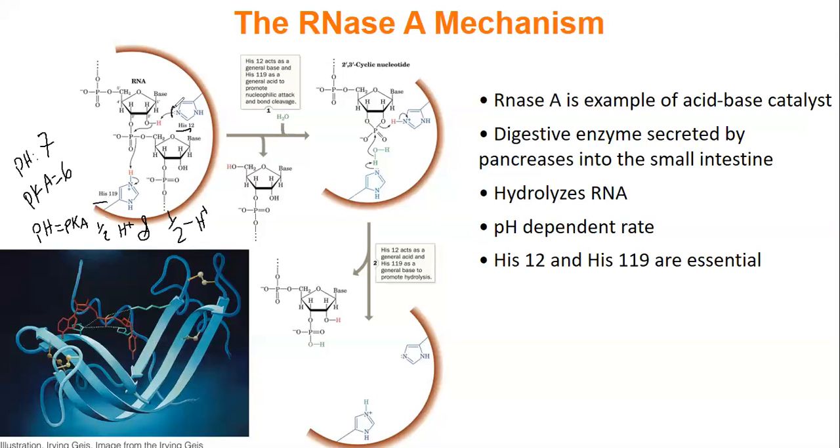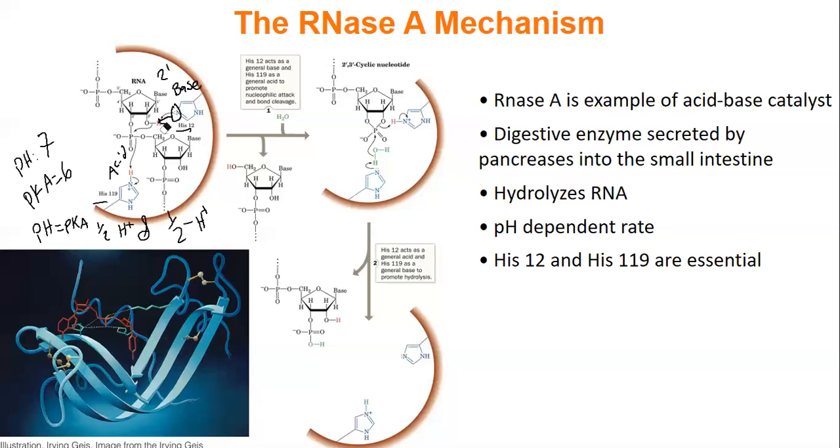Step 1, we have one histidine attack the 2' hydroxyl of RNA. So the 2' hydroxyl gets attacked, and we're taking that hydrogen away. So we're doing base catalysis up here, while down here, we're doing acid catalysis, right? So we're giving a hydrogen to an oxygen.